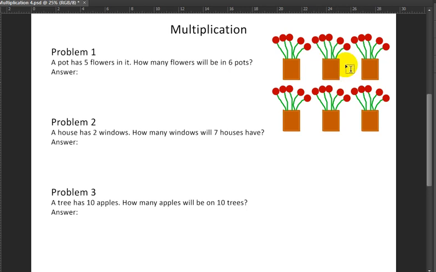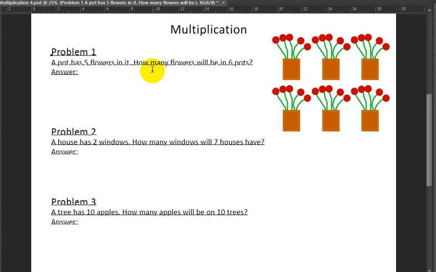So 5 plus 5 plus 5 plus 5 plus 5 plus 5. So that's 6 fives. Which, if I wanted to write that as a multiplication, would be 6 times 5.